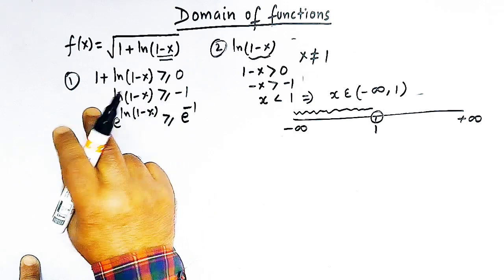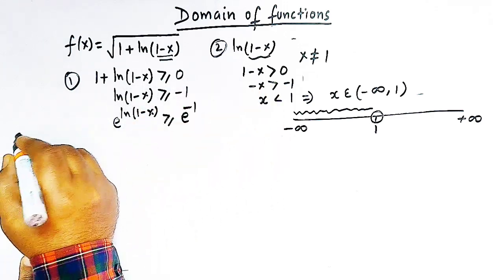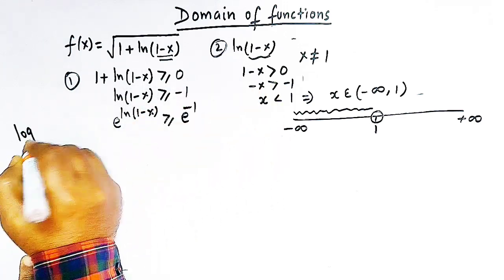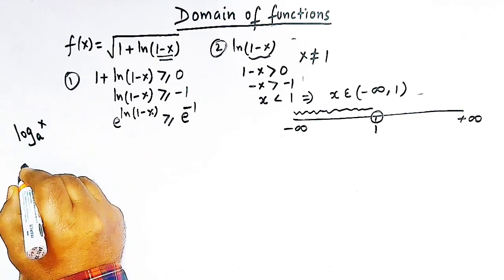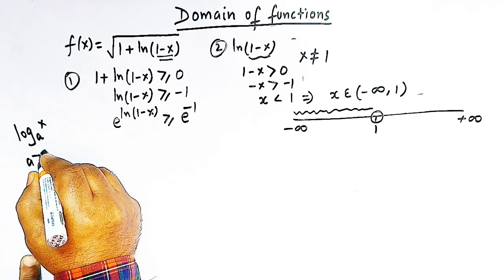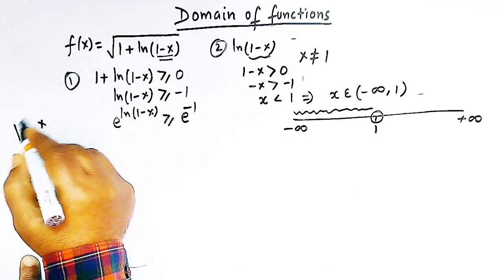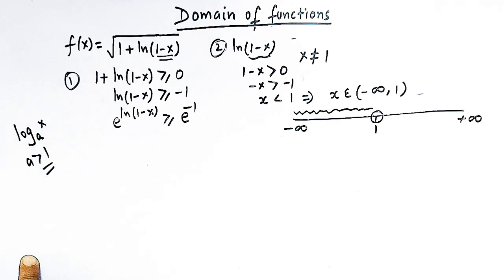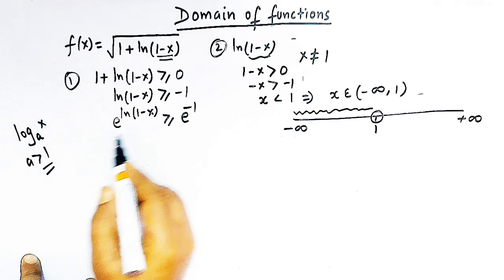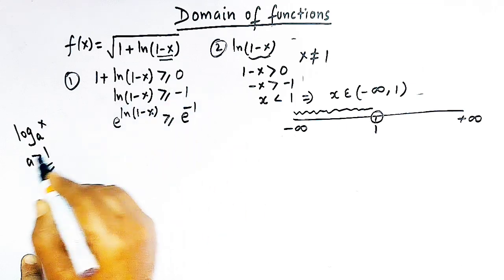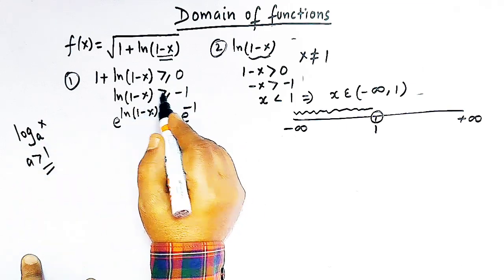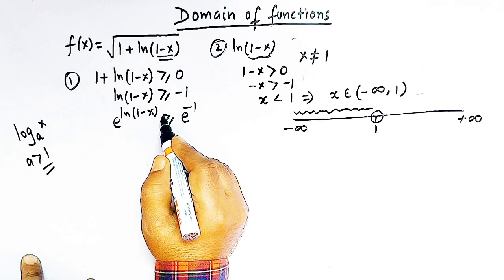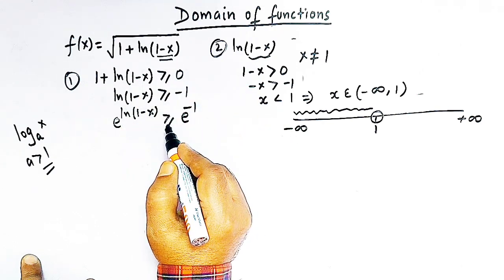So here we have used this concept, that is a log of say x to the base a, where a is greater than 1, then this function is an increasing function, right? And when this function is an increasing function, then the direction of the inequality remains the same, right?